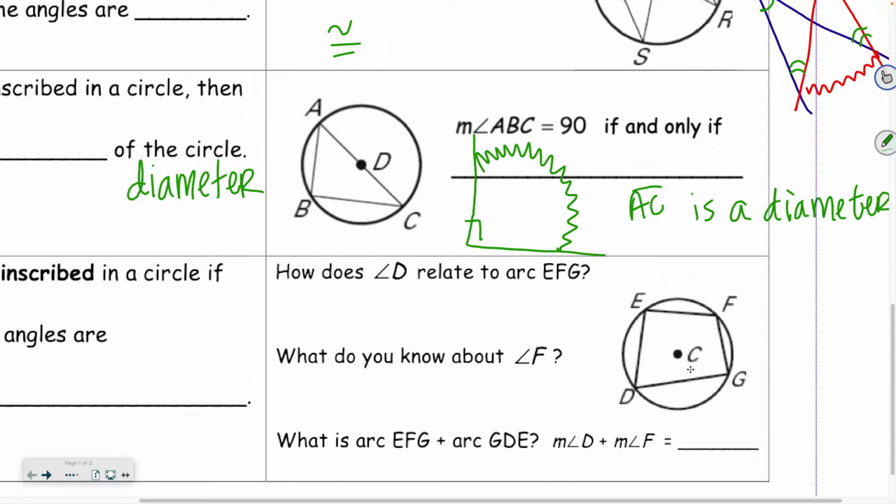Okay, so let's look at angle D. Angle D right here is how much of this arc? 1/2. So angle D is 1/2 the measure of arc EG.